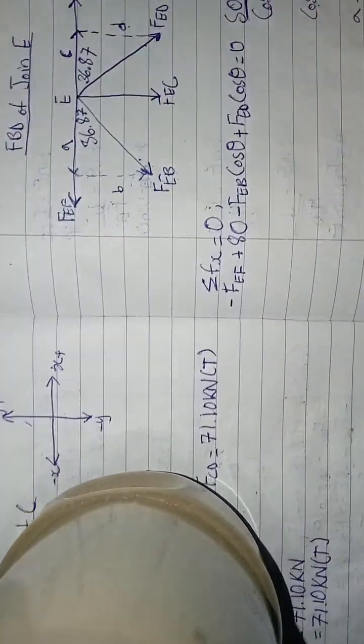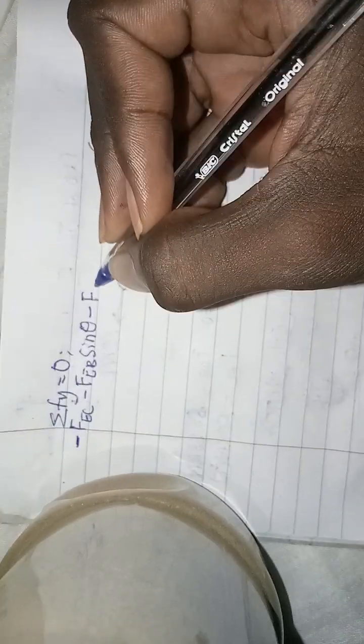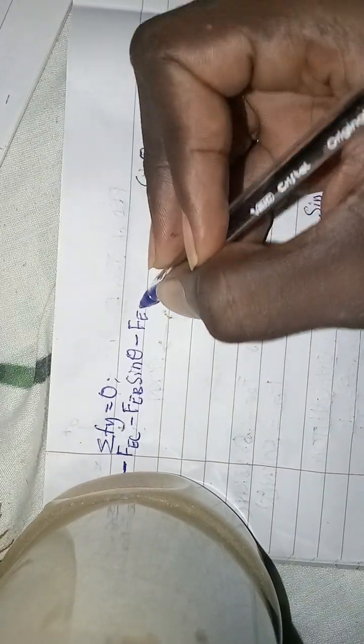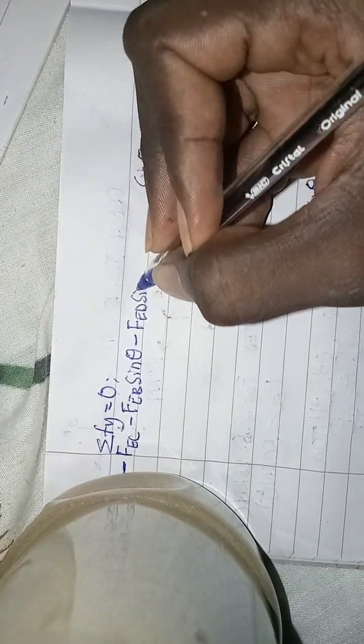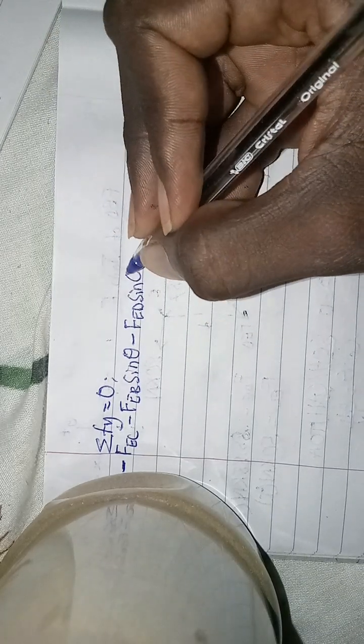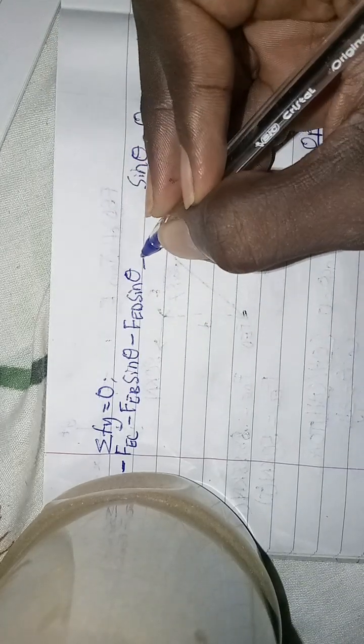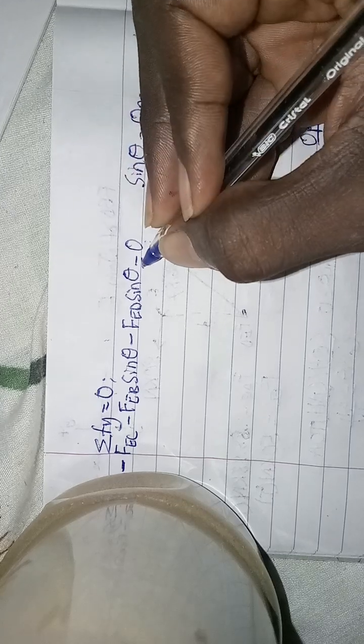We are going to substitute it into the equation, and it is pointing downwards, so it will be negative. So negative force ED sine theta, equal to 0.